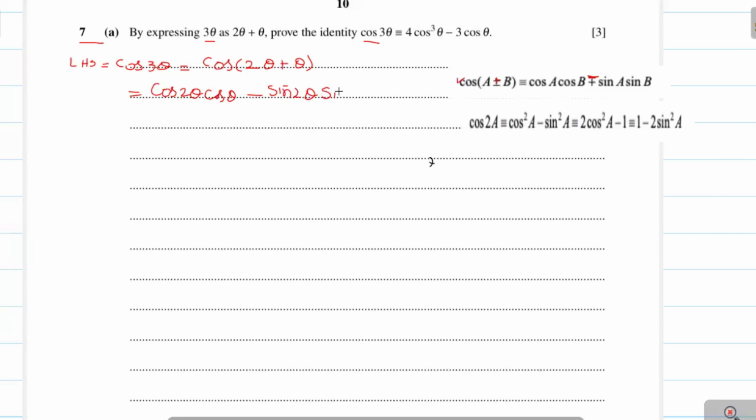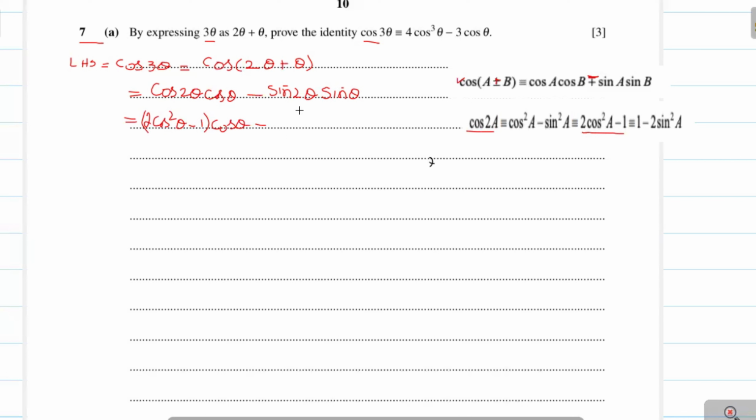And for cos 2θ, that's equal to cos 2A equals 2cos²A minus 1. Therefore, we can write 2cos²θ minus 1, and cos θ is written as it is.